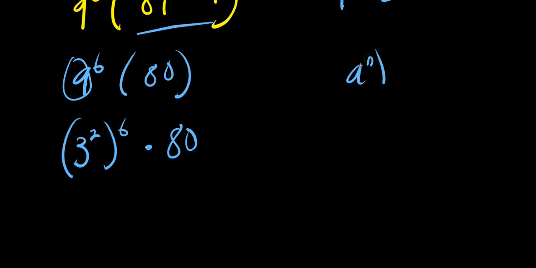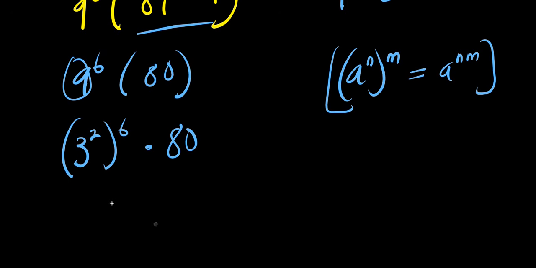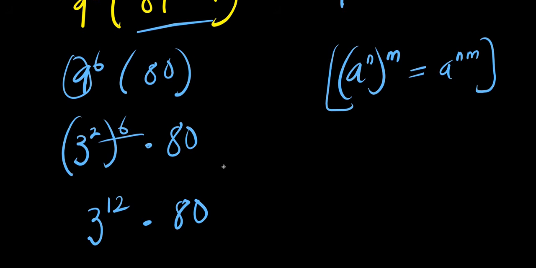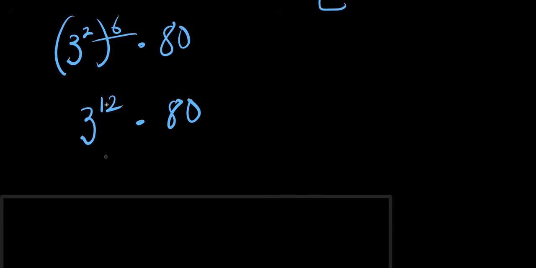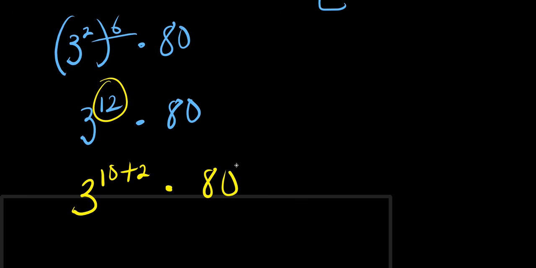If you have a power m raised to the power of n, it equals a power m times n. So from here, multiply the exponents. I have 3 power 12 times 80. From here, I can express 12 as a summation of 10 and 2. I have 3 power 10 plus 2 times 80.